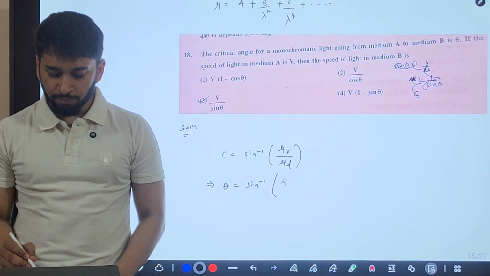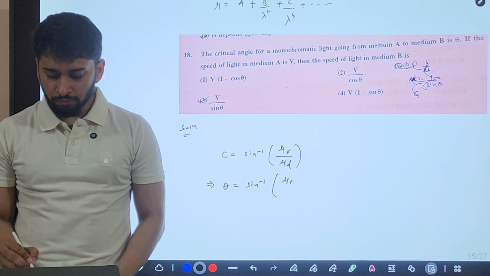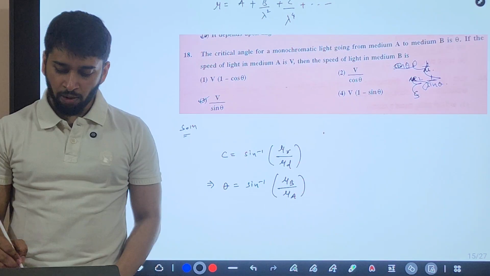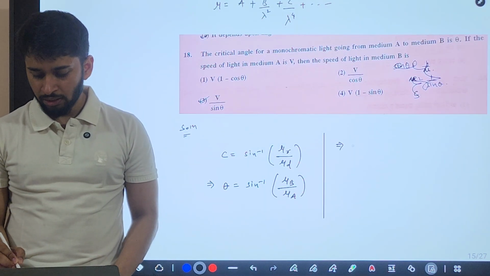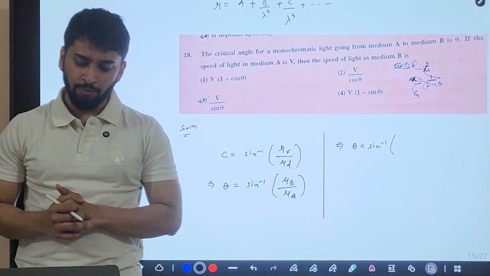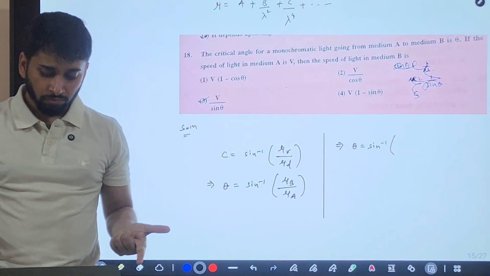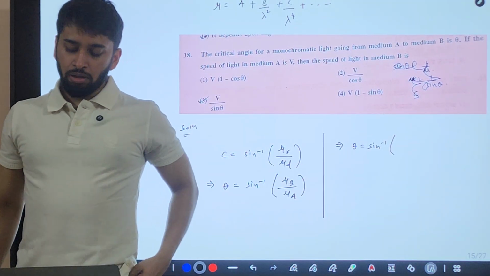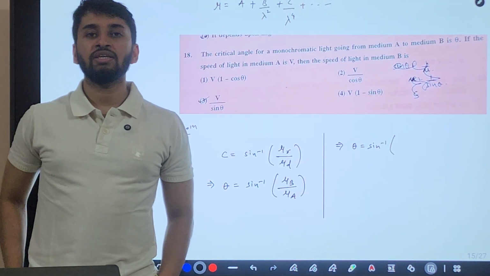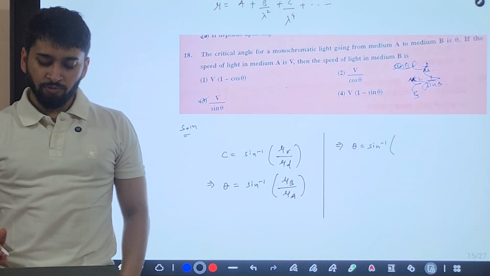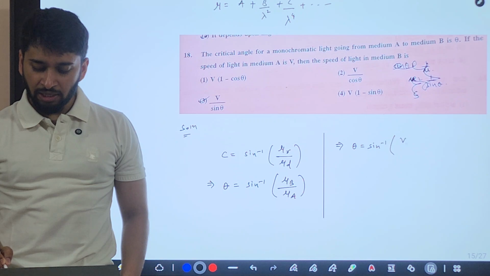So theta is sine inverse of mu of B by mu of A. Since mu is c by v, mu b by mu a becomes va by vb.